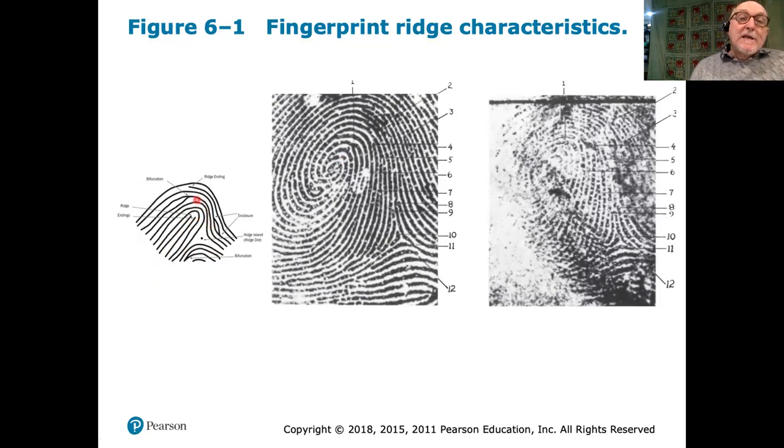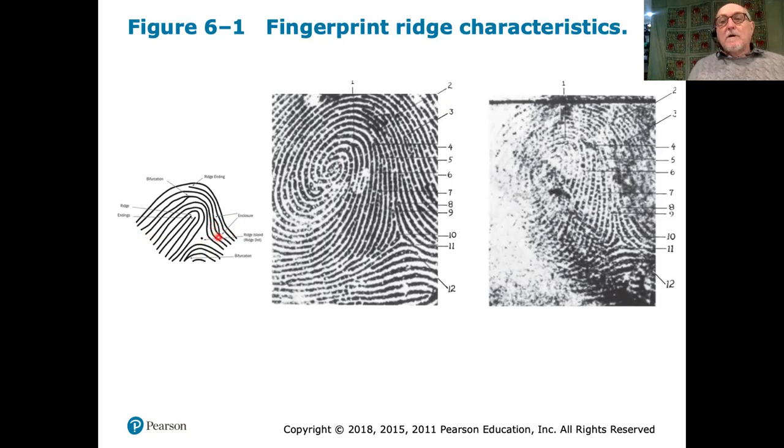Have a look at this ridge here and see how it divides into two. That is called a bifurcation. Again, its presence and the place where it occurs is diagnostic. This here is called an island. This here is called an enclosure.